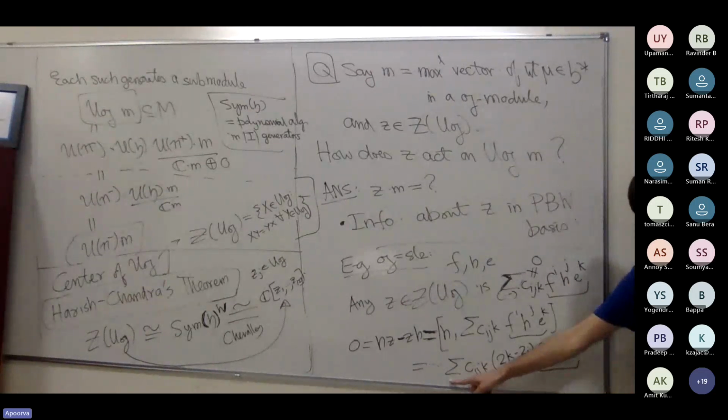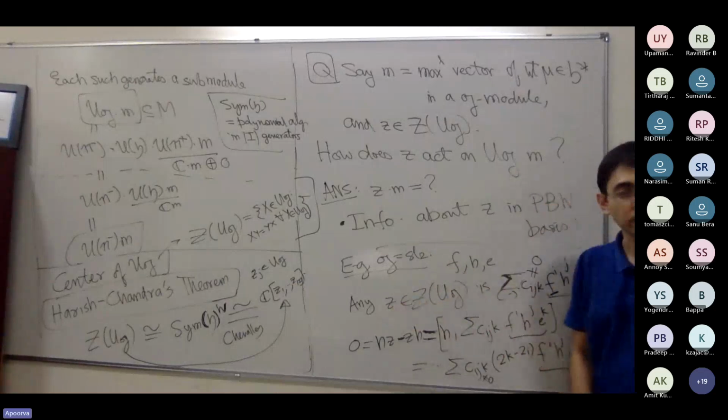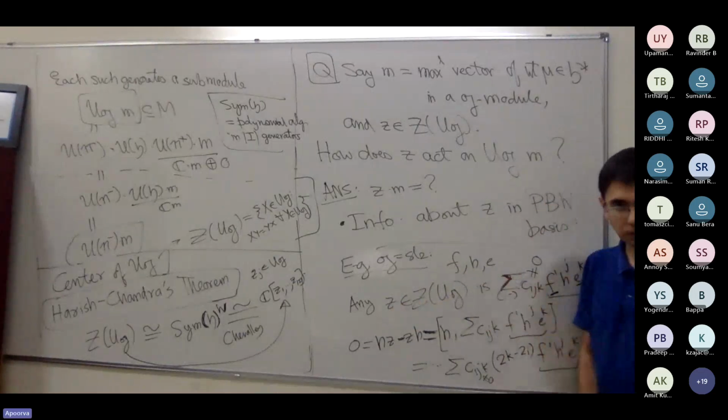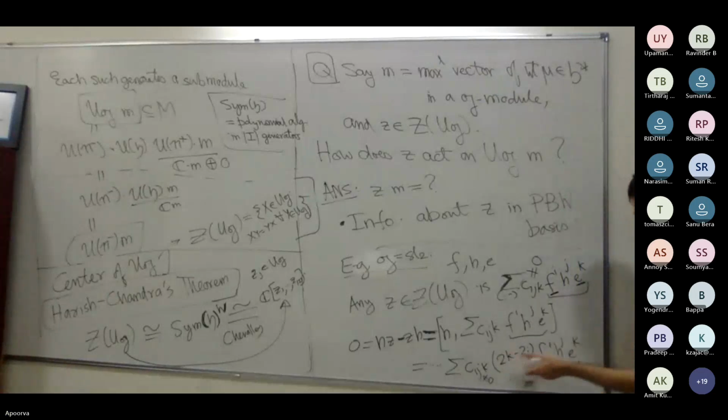So the only indices over which this can sum up and still give 0 are those where this term is 0, so k has to be equal to i. So every time you have a power of a lowering operator, you must have the same power of the raising operator if your element is central, in all PBW monomials. I hope that is clear from this calculation.